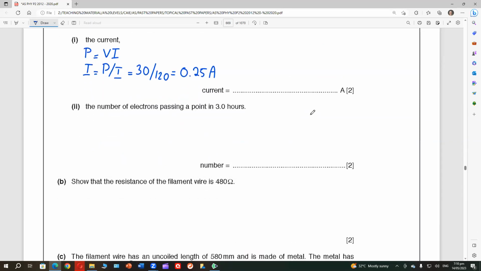The number of electrons passing a point in 3 hours. So is it I is equal to Q over t we can also use? Yes, and then Q convert it into seconds.